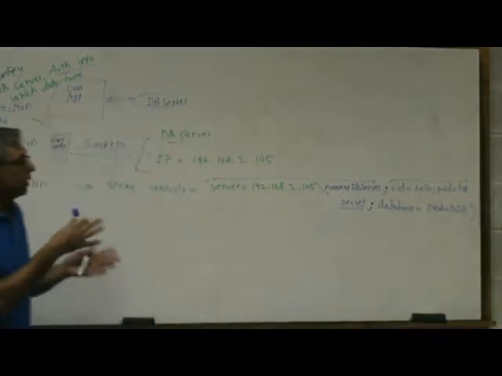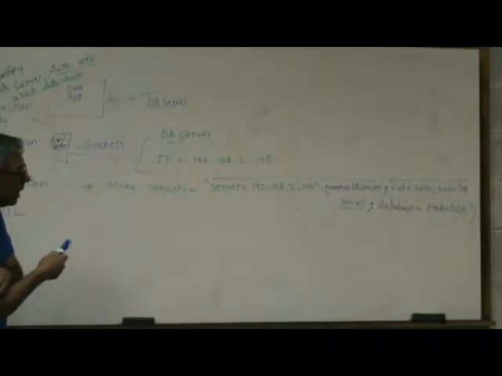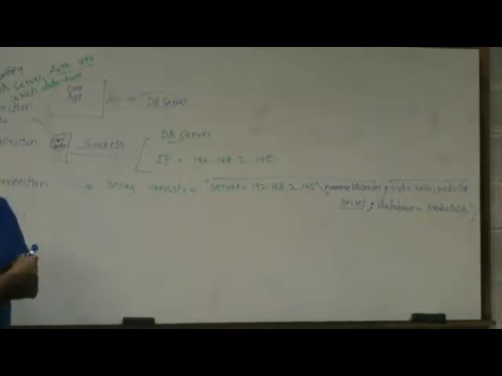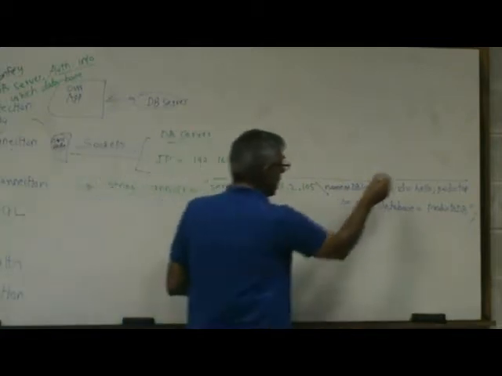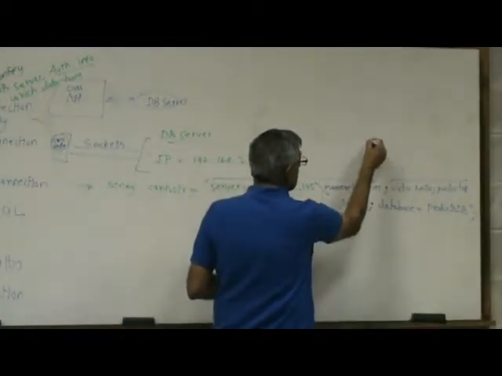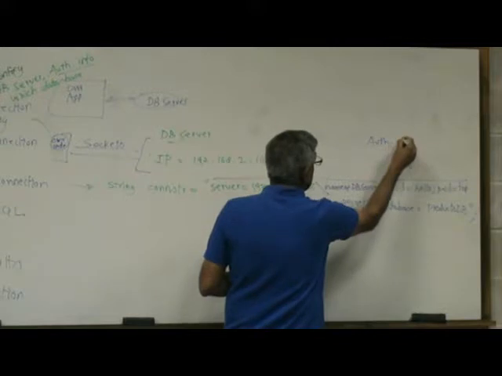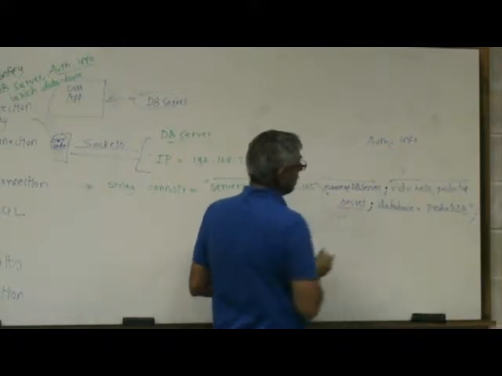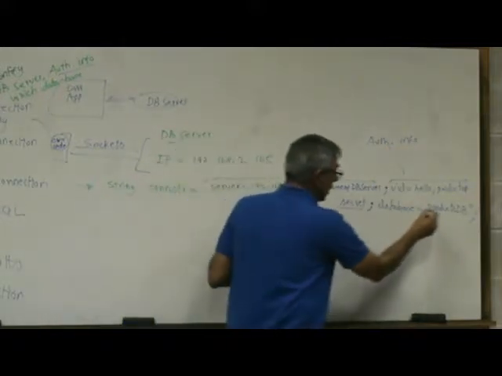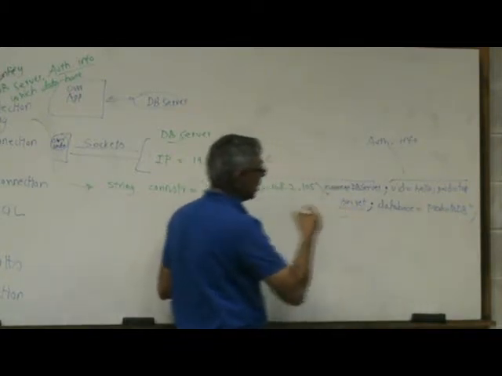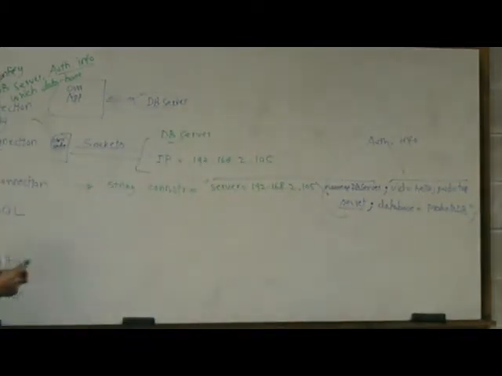Once I go to the computer, I'll show you how exactly you know which database server. Then there's the authentication information to identify ourselves to the database server. And this is the name of the database we are interested in communicating with. So that's the connection string.